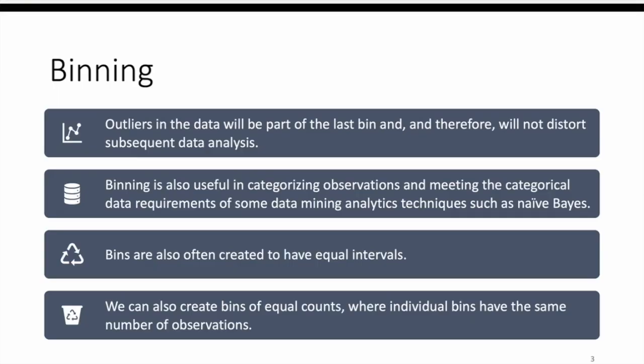In addition to binning numerical values according to user-defined boundaries, bins are also often created to have equal intervals. For example, we can create bins that represent an interval of 10 degrees in temperature or 10 years in age. We can also create bins of equal counts, where individual bins have the same number of observations.